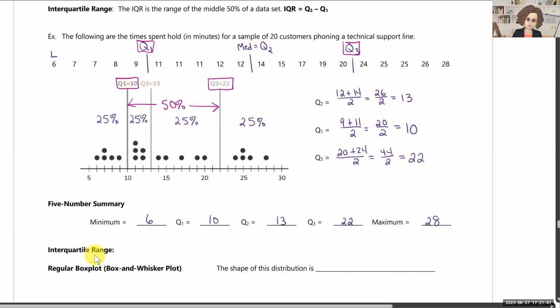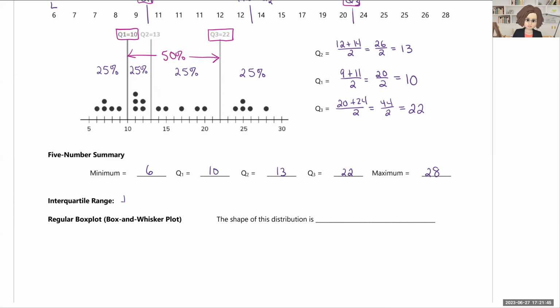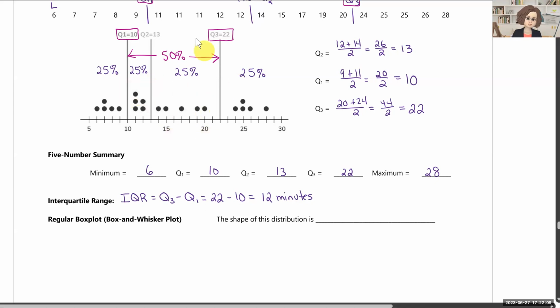We'll write the formula down here and abbreviate it as the IQR. It's just the difference between the third quartile and the first quartile. In our case, 22 minus 10, that is a difference of 12. I'll put units just to remind us we're talking about time on hold. So there was a 12-minute spread for that middle 50% of data.